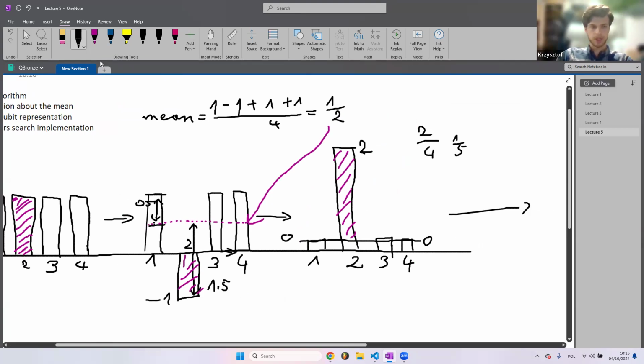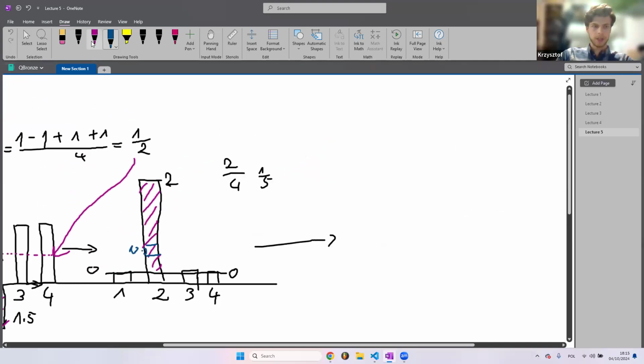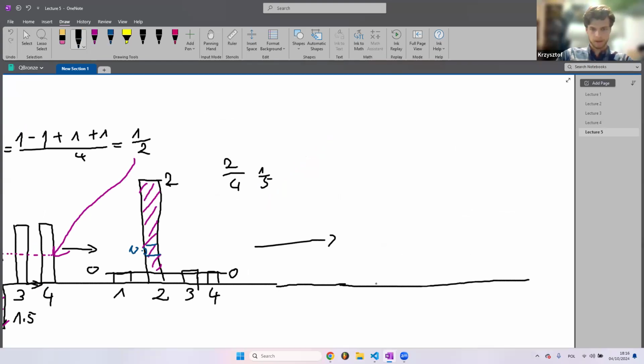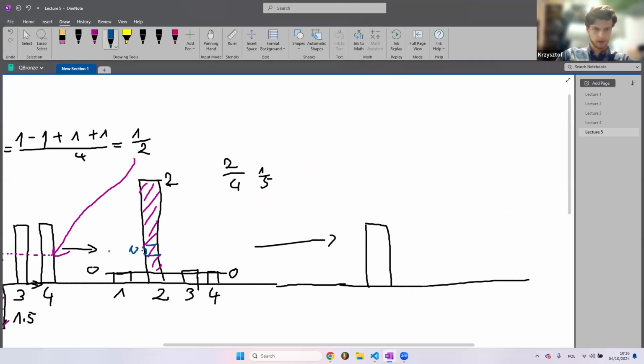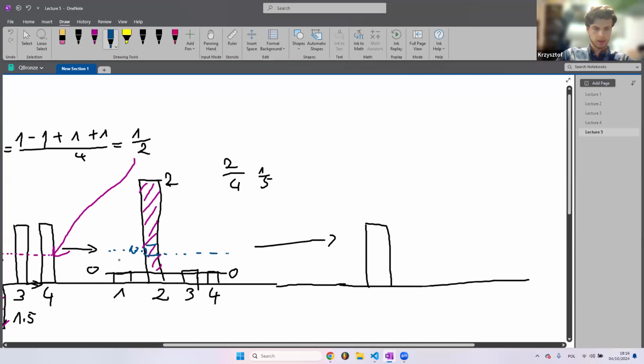And then in the next iteration, you would see that the inversion about the mean will cause all the rest of the elements to go back to 1, because this is the level 0.5 once again. So the distance from 0 after the inversion about the mean will get transformed back to 1.